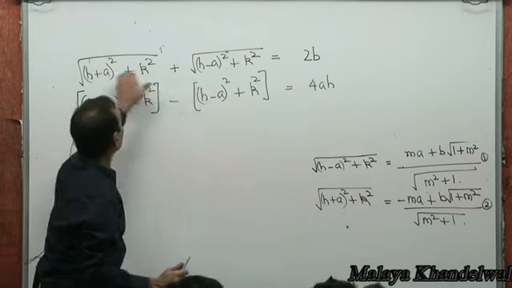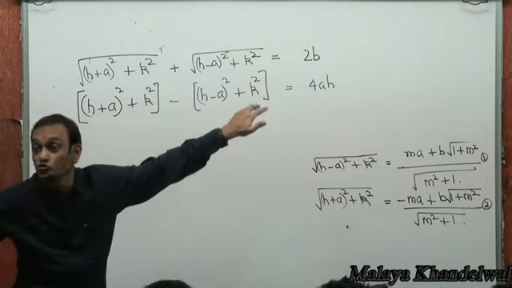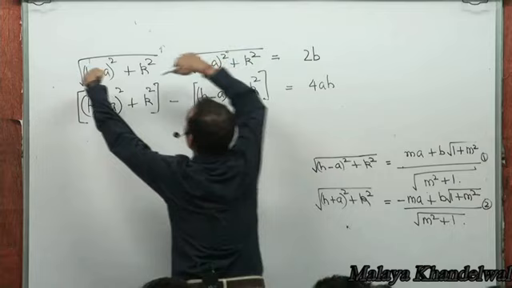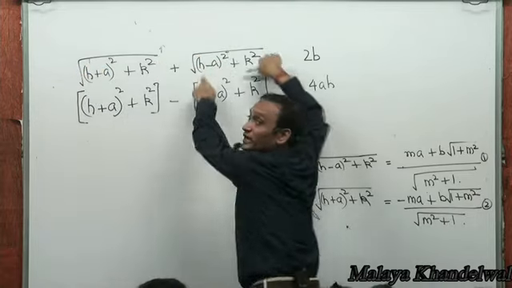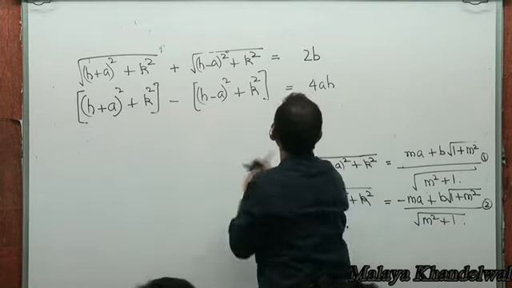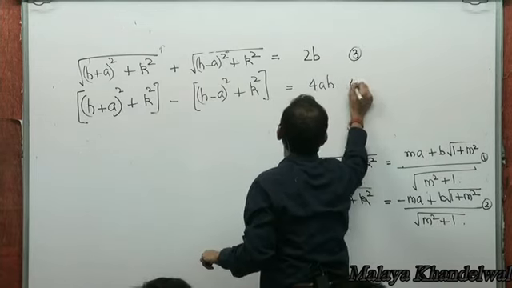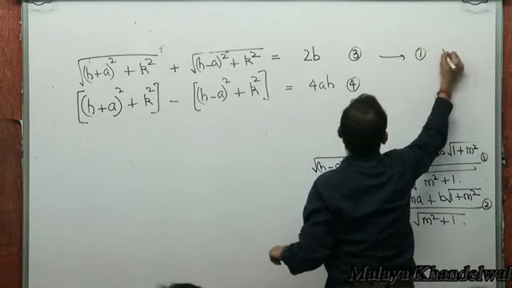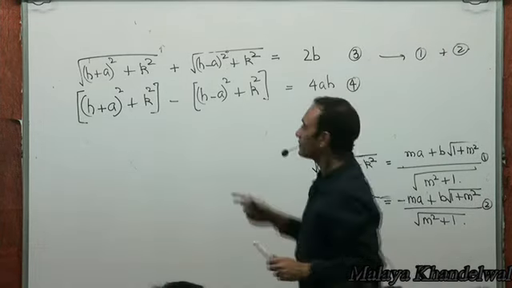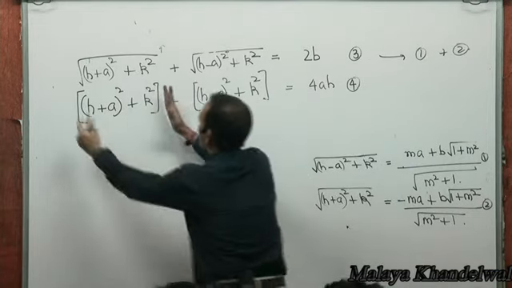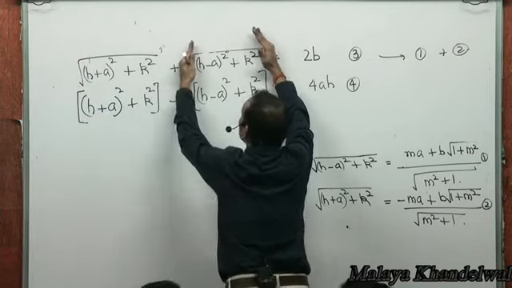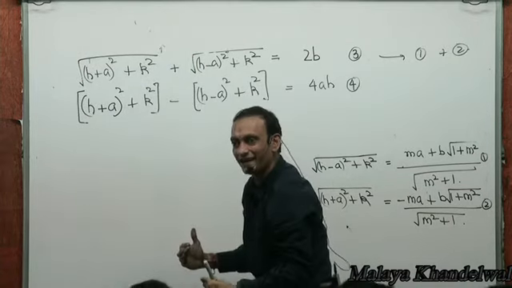A minus B divided by root A plus root B will give me root A minus root B. See, this is A minus B divided by root A plus root B, which gives root A minus root B. Yes or no? When I divide this by this, let me call it 3, let me call this 4. 3 is obtained by adding 1 and 2. You know what I'm saying? So if I divide this by this, capital A minus capital B divided by root A plus root B, I get root A minus root B.